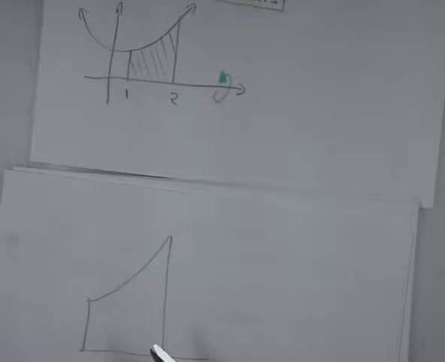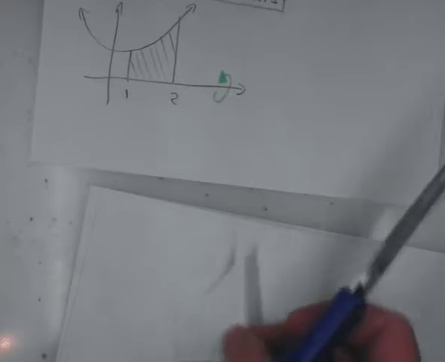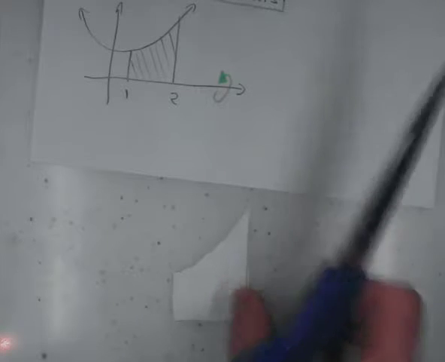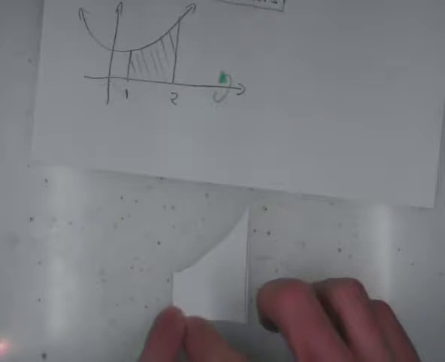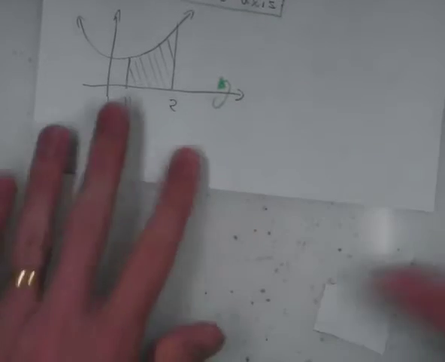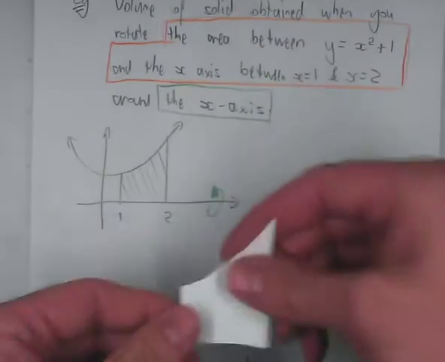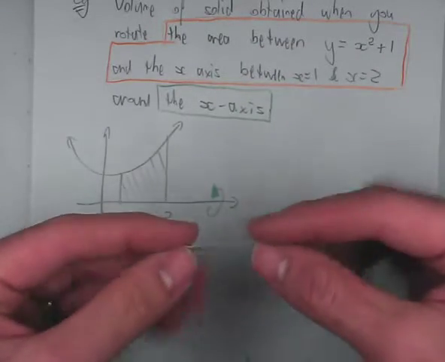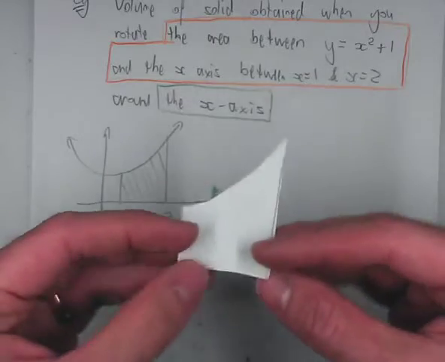So we're going to get that shape. I'm going to cut it out. And this bottom edge here is what was on the x-axis, and it's going to get rotated around the x-axis like that.